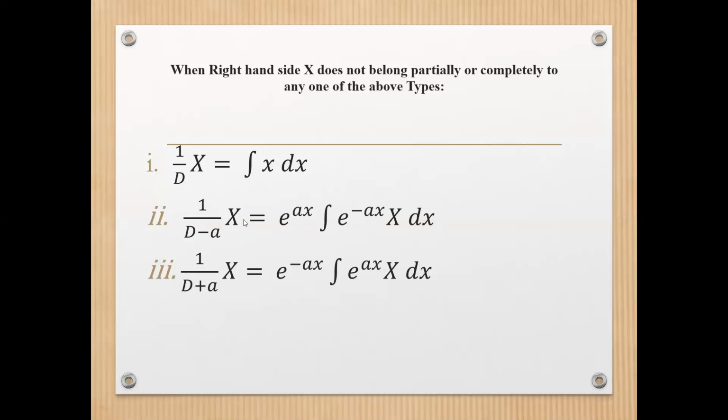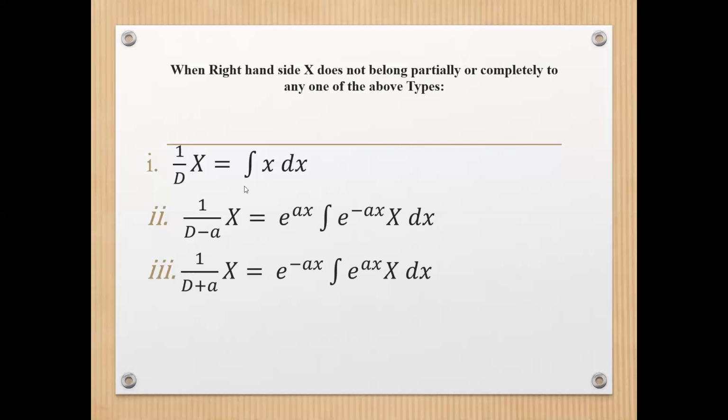See here, this function is capital X. Whenever there is a negative sign and a linear factor D minus a, at that time we have to take e raised to ax outside the integration, and inside the integration we have to take e raised to minus ax, and this term X as it is, dx. This is the formula: 1 upon D minus a of X is equal to e raised to ax integration e raised to minus ax X dx.